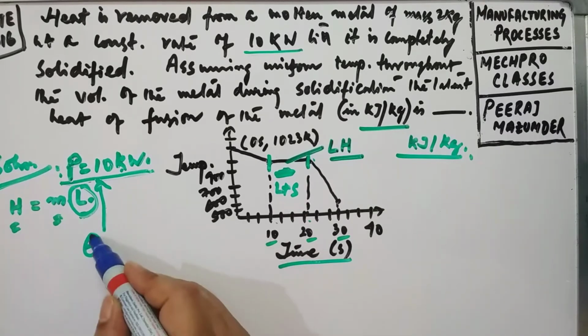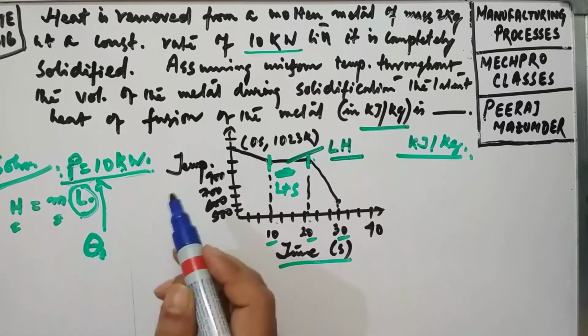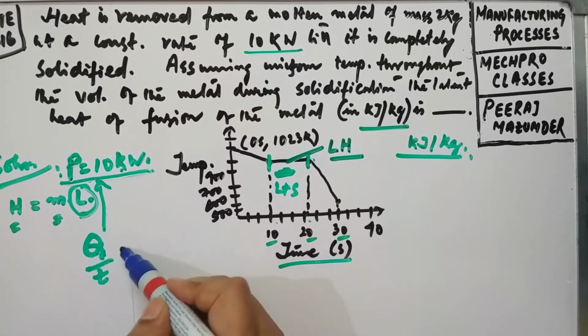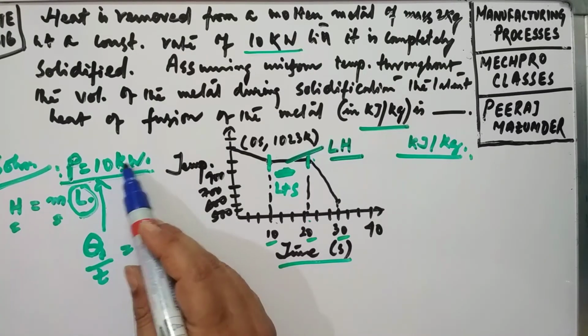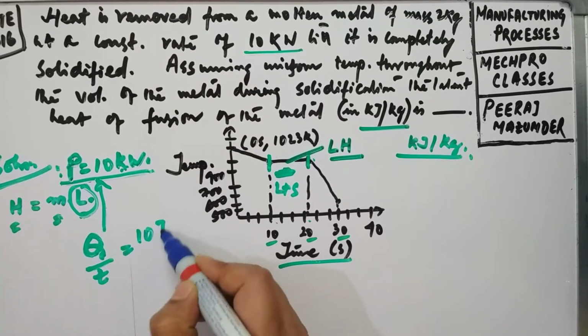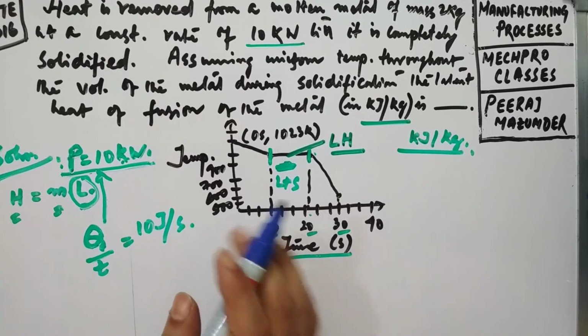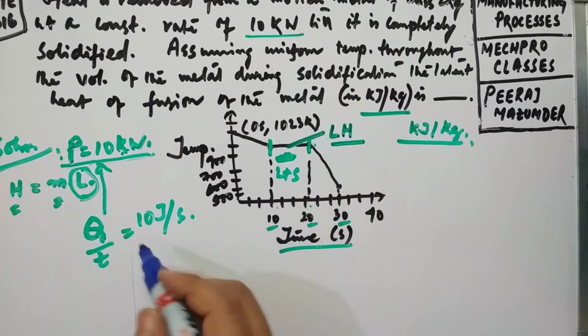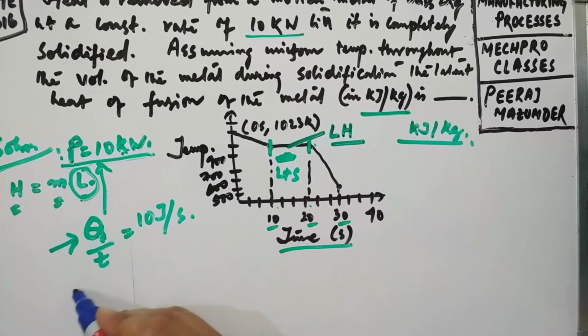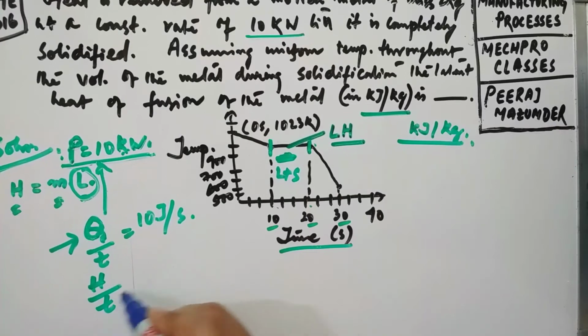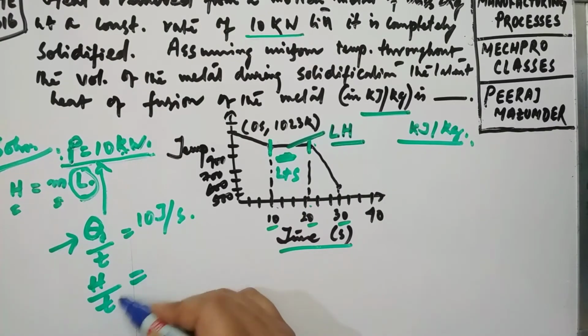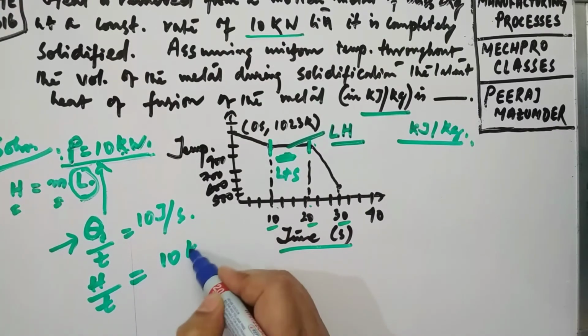So you can write Q by T, because it is given as kilowatt, 10 kilojoule per second. Now this Q can also be written as H, so H by T I can write as 10 kilojoule per second.